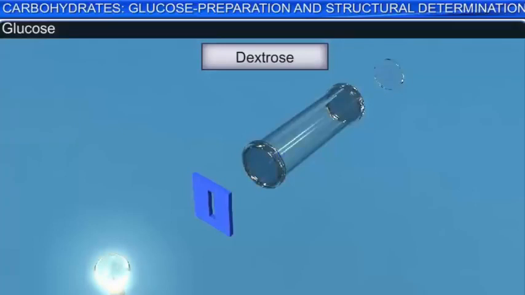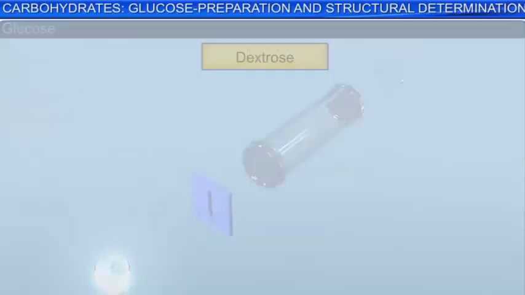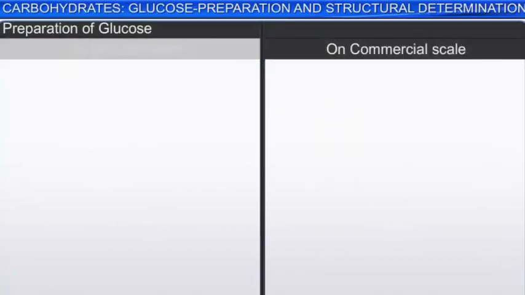Glucose is also called dextrose because aqueous solutions of glucose are dextrorotatory in nature. That is, an aqueous solution of glucose rotates plane polarized light towards right. Let's now see how glucose can be prepared in the laboratory and on a commercial scale.